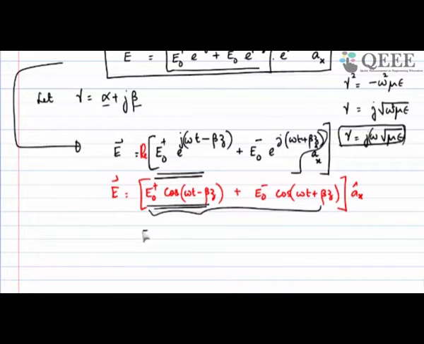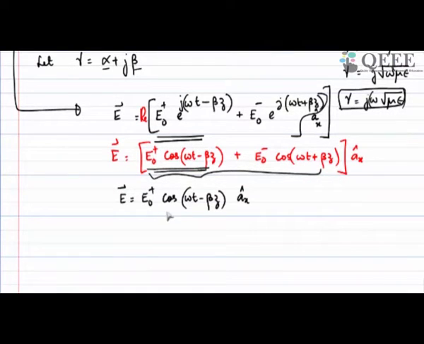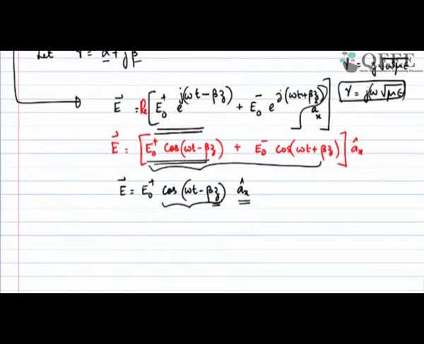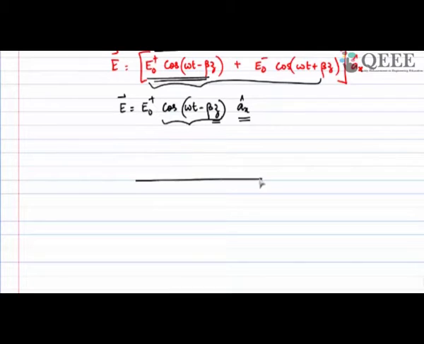So the first term is E naught plus cos omega t minus beta z ax. I am talking about an E vector which has only an x component, which is varying along the z direction, and that variation is given by cos omega t minus beta z. So if I were to plot this as a function of z, because it's varying along the z direction, E is along the x direction, and let's say this is my y direction.